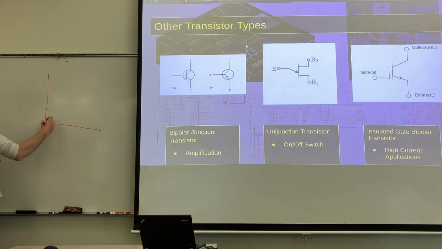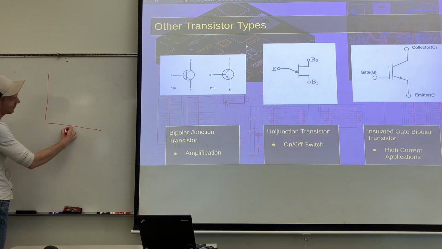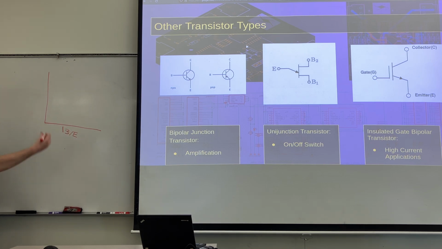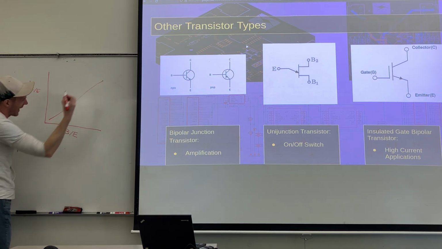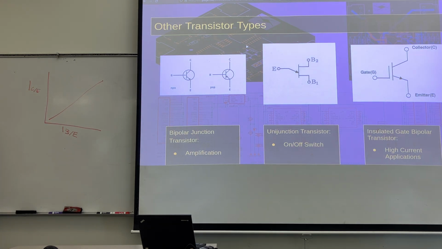So we have a nice linear relationship of base to emitter current, IBE, and collector to emitter current, ICE. It's literally just that. The magnitudes aren't important here, the characteristics are. It's linear. The MOSFET is not.